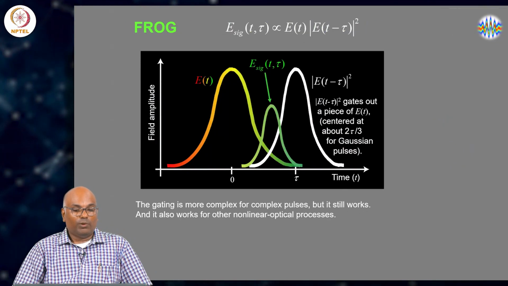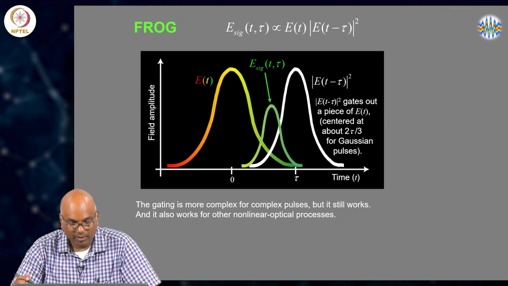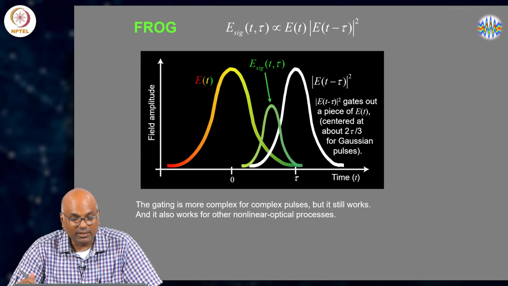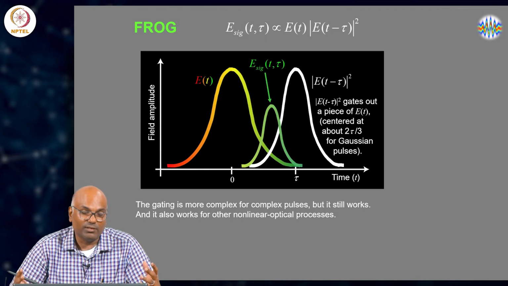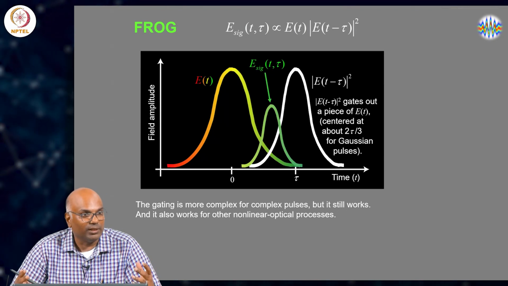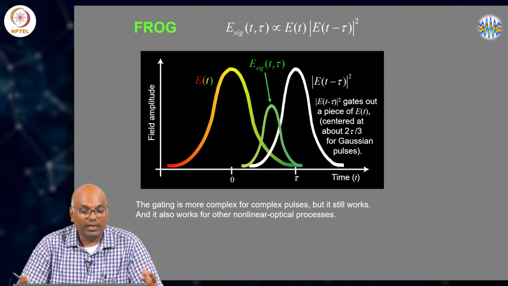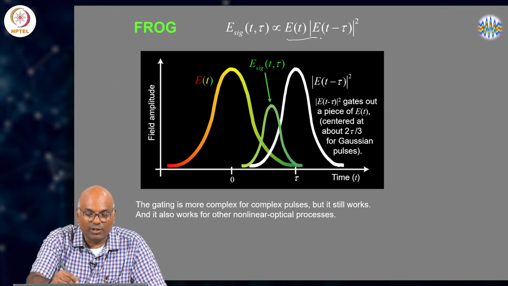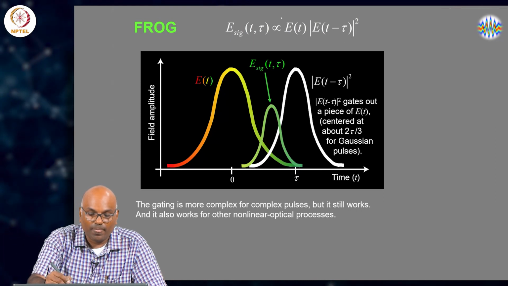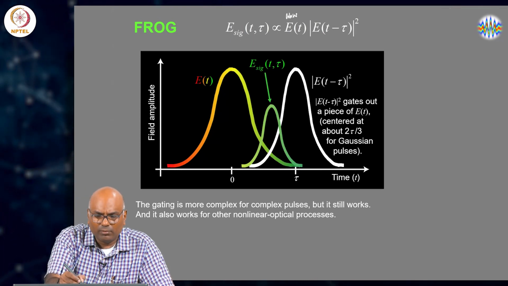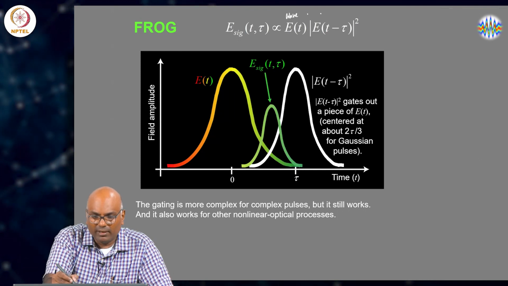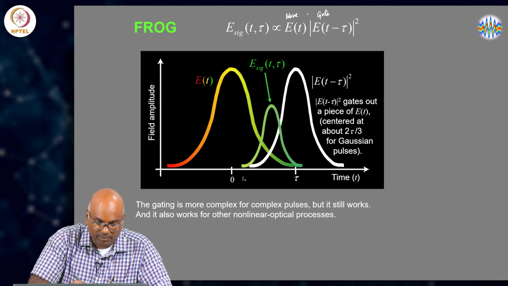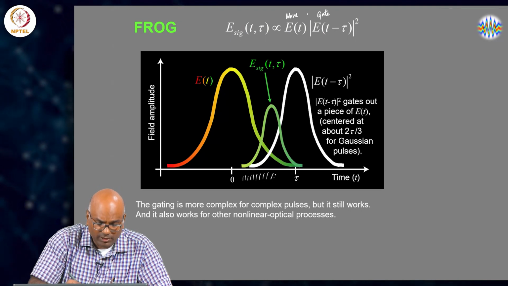So, what is going to happen? For a nice Gaussian pulse, it is relatively easier to visualize the gating process. The gating process relies on the fact that we generate a signal when the waveform and the gate are overlapped, which is this region.